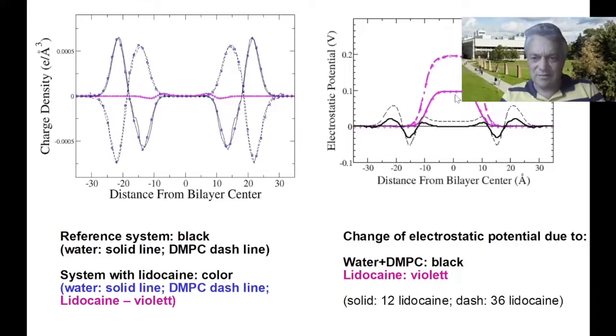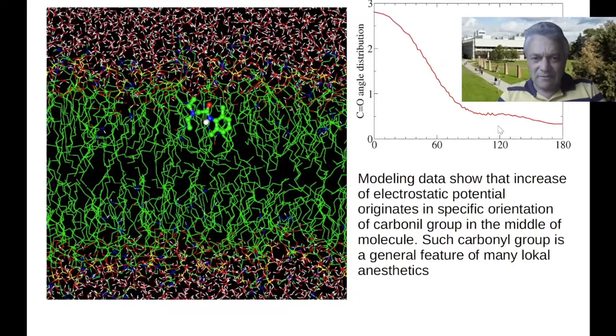So this is the contribution just from lidocaine to the electrostatic potential, and the contribution from the lipids, the black lines, which are smaller. If you look at how anesthetic molecules are typically located in the lipid membrane, you see that this is the most preferable orientation: the anesthetic is located in this area just under the lipid head groups, with the carbonyl group directed to the surface.